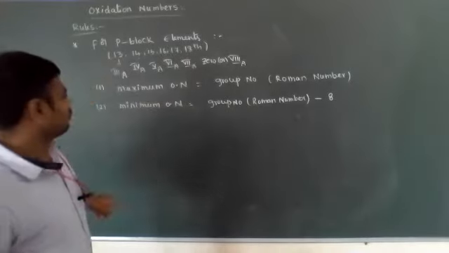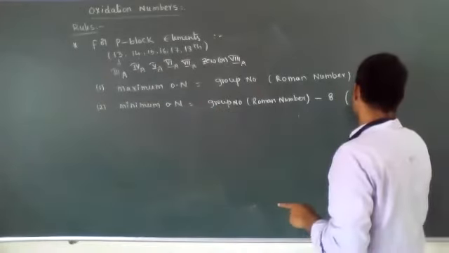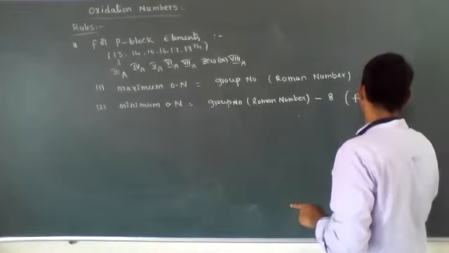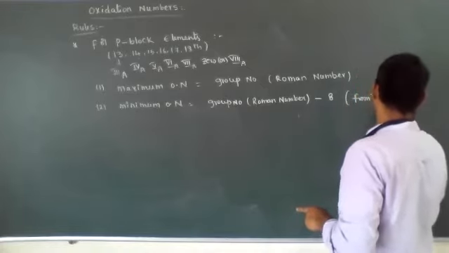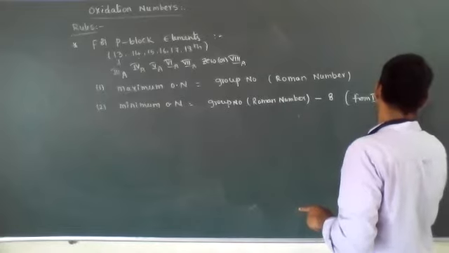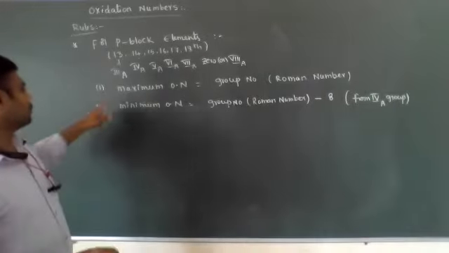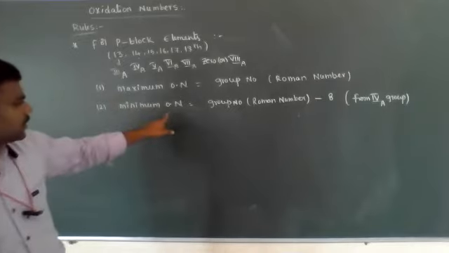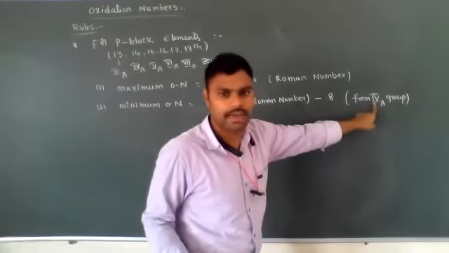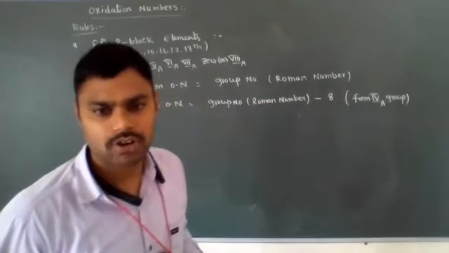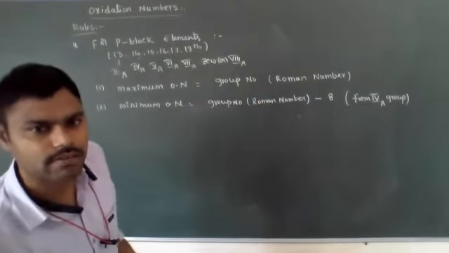This formula is applicable from the 4th A group onwards. So the minimum oxidation number is not applicable for 13th group elements. The 13th group elements are boron, aluminium, gallium, indium, thallium. Very good.